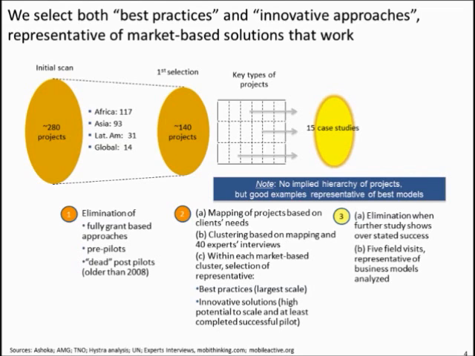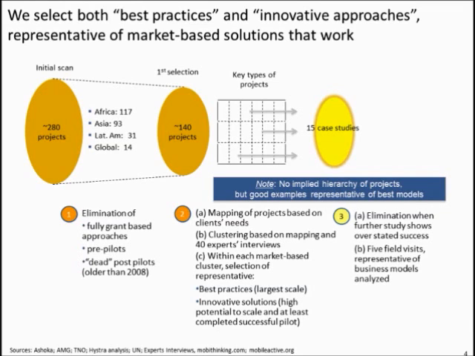And then we started to map them on the needs of the clients, the users. We also used that mapping then to cluster, and we involved about 40 experts, 20 from outside the partners in this project and 20 from within the partners. We then made a selection based on the best practices, larger scale, the innovative solutions that were used, and the potential to scale.